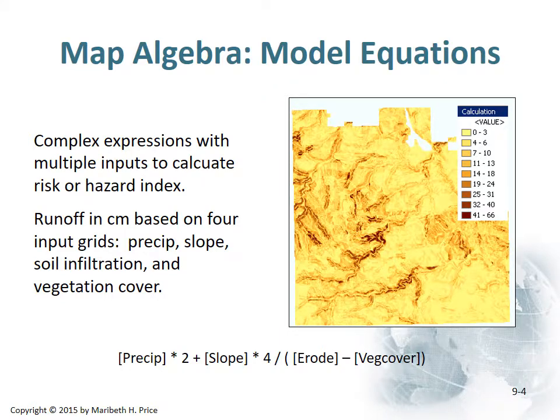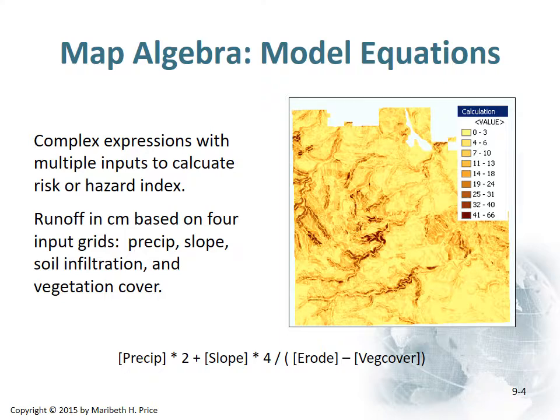So we often use these things for modeling things like hazard risks, indexes of various things. And in this particular case here, we're calculating runoff in centimeters based upon 4 different input rasters: precipitation, slope values, soil infiltration rates, and vegetation cover type.